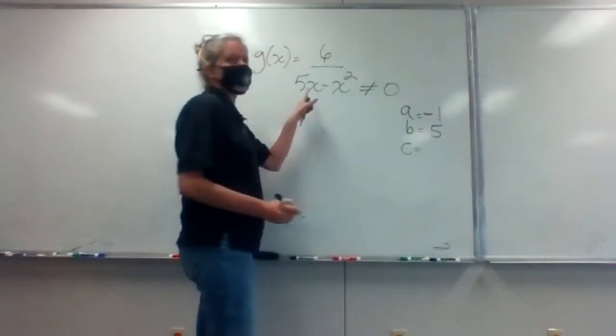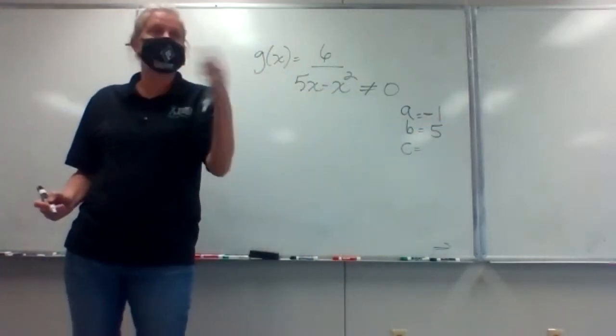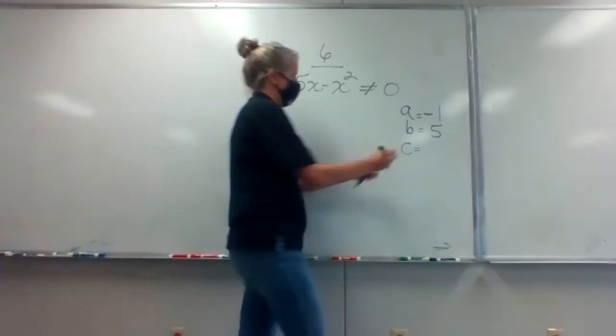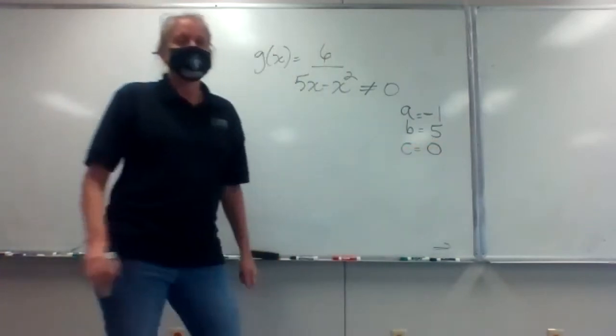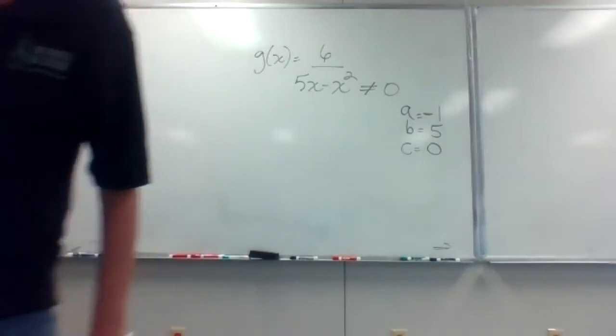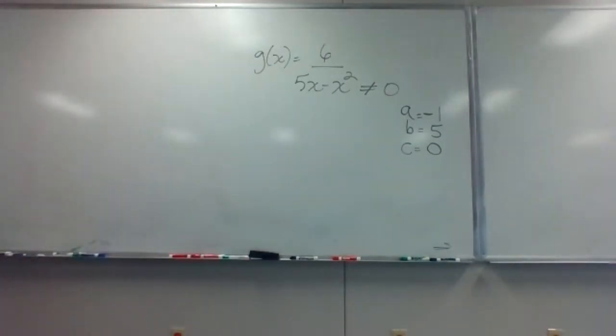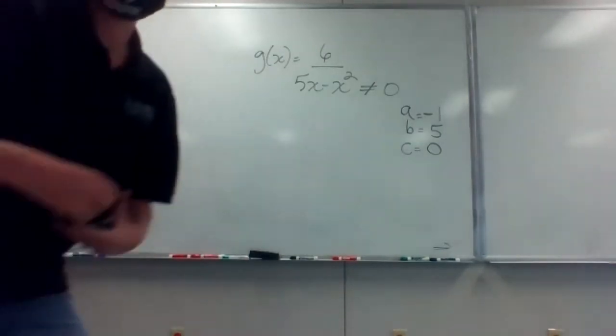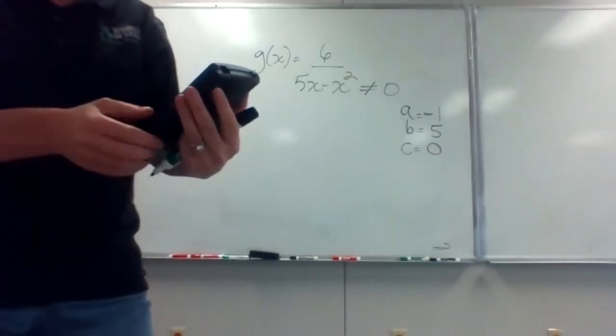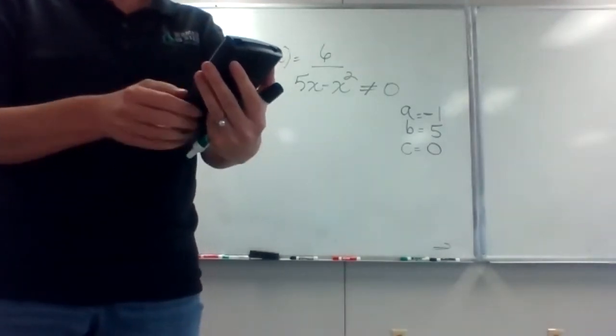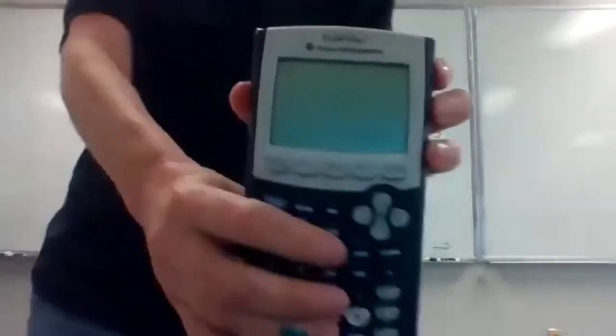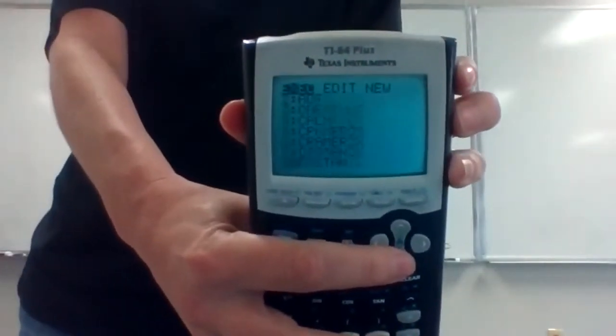Your B is what's in front of the x, which is 5. And your C is your constant. So this one doesn't have a constant, which means what's your C? So if you go to quad, so program down to quad.